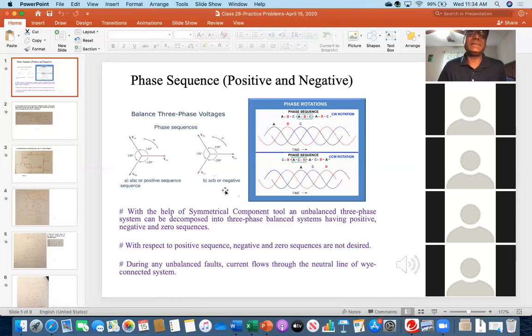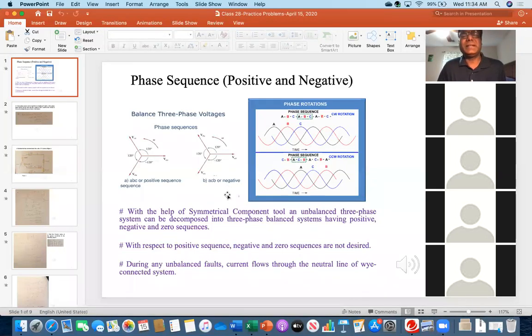So there will be some issue because the sequence does not match. There will be some sort of circulating current flowing among phases. That circulating current will cause some power loss. It will cause some heating. Gradually, the device might be burnt out. So there are adverse impacts of having different sequences in a particular system.